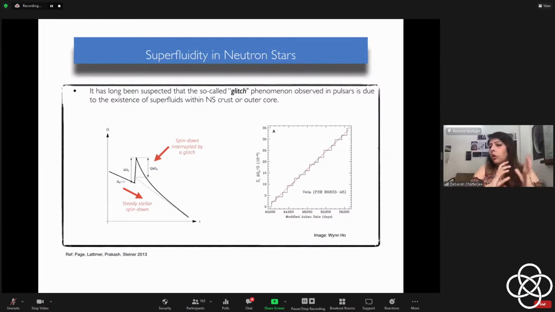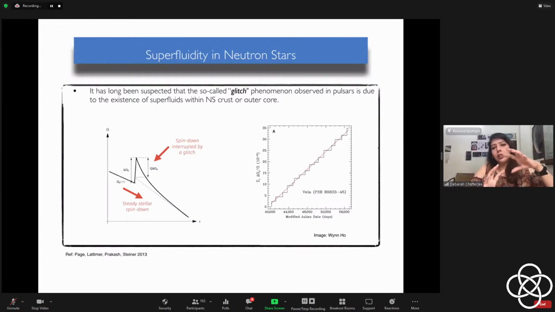There is a whole lot of modeling that is going on here. And finally, I will just show you what I talked about yesterday as well. From the measurement of glitches, we think that there are these vortex lines because this superfluid core has been set into rotation, and these vortex lines and flux tubes are formed, and these spin to the crust.